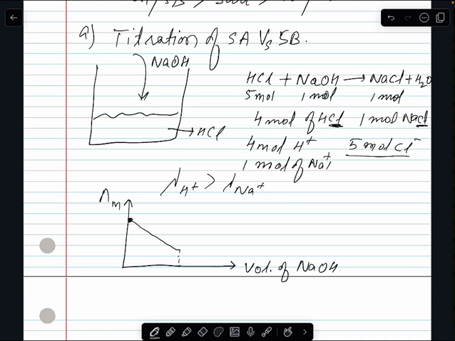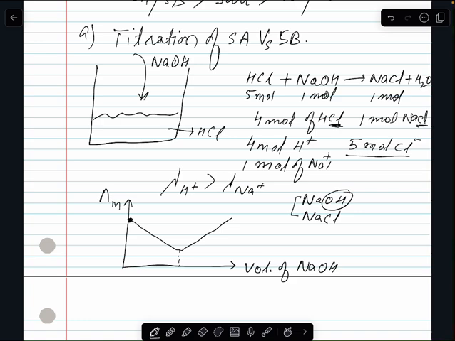Then what will happen after all the HCl is used up? Then again if we add NaOH, in the solution NaOH and NaCl will be there. Now as I know, because of the increased concentration of OH minus ion and increased concentration of Na plus ion, the conductivity of the solution will start to increase.